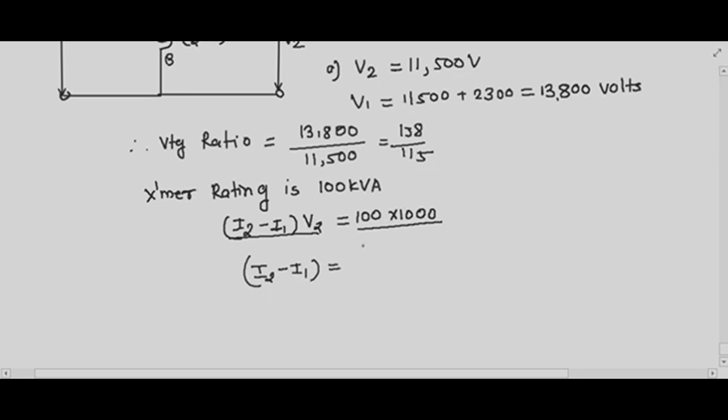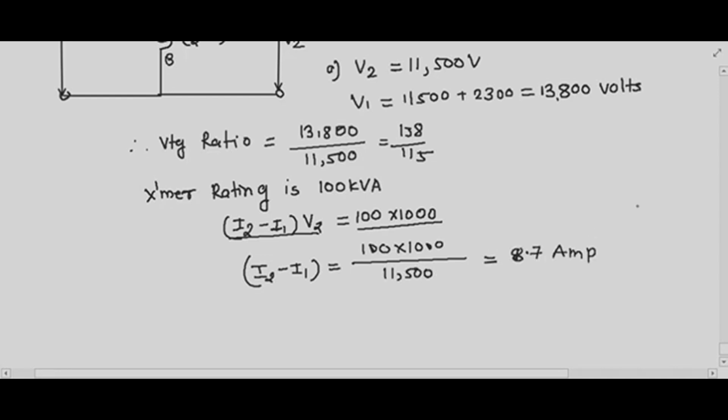What is V2? V2 is 11,500. So my I2 minus I1, I will get it as 8.7 ampere.